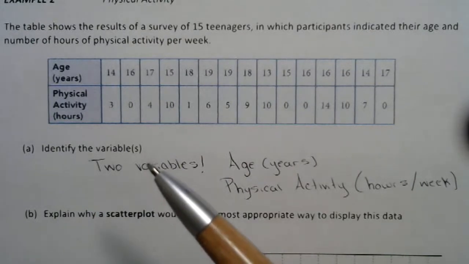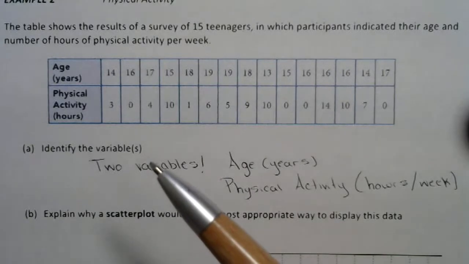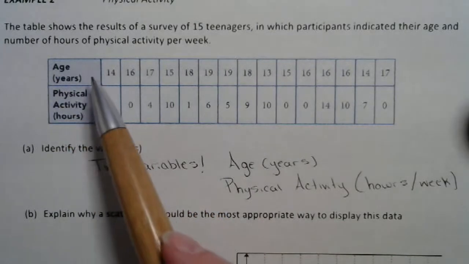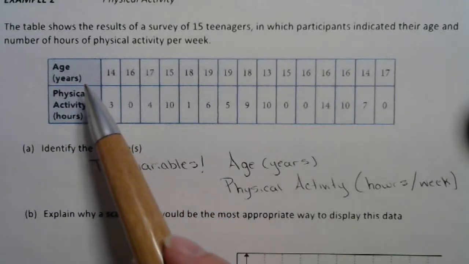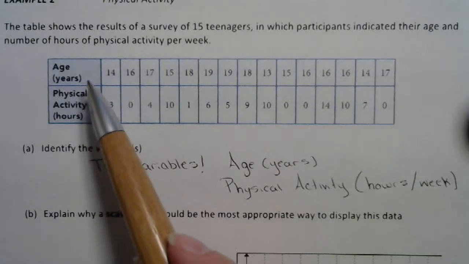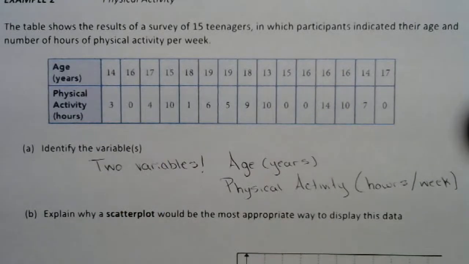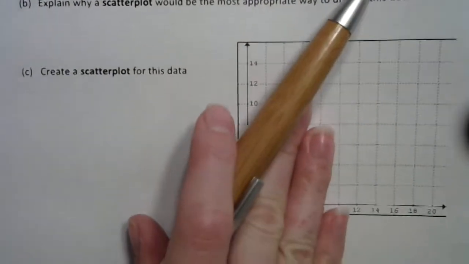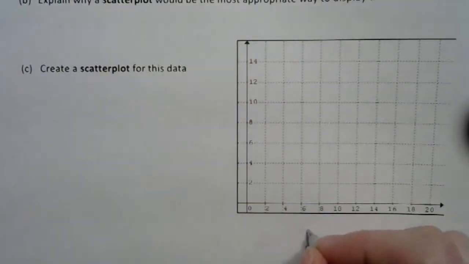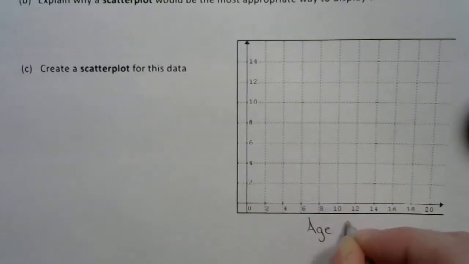If you think about it, your age really doesn't depend on anything. Your age is going to be your age, no matter what. Every single day you get a day older. So your age is definitely the independent variable.